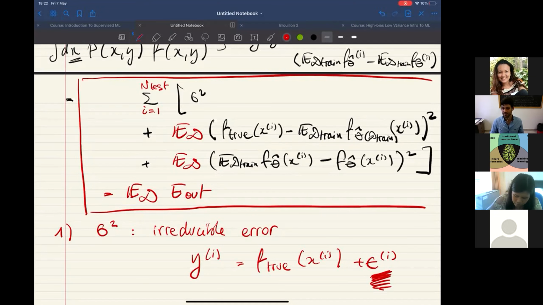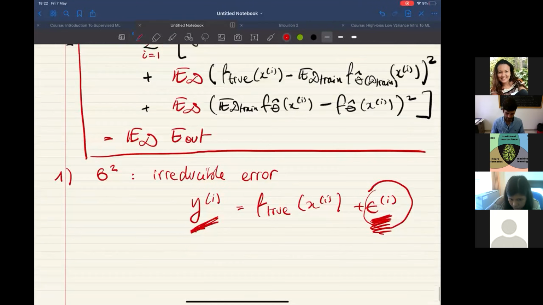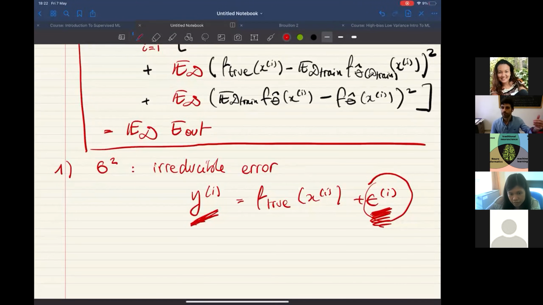So you will always make an error on the true labels, and the minimal error is the error that you make on the noise, which is the variance of the noise on average. So this is the irreducible error. We didn't plot it in the curves that we discussed before, but it would just be a constant shift of the prediction error, if this is non-zero.